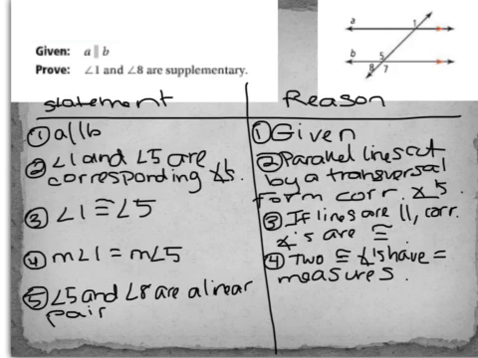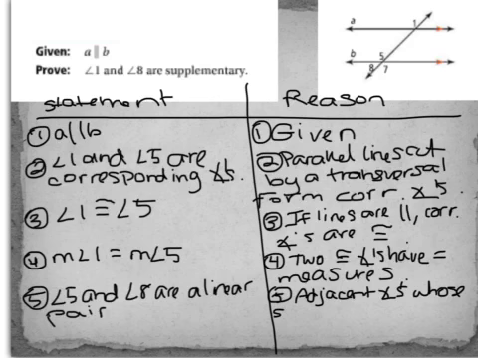The reasoning for this is something along the lines of adjacent angles whose sum is a straight angle are a linear pair.